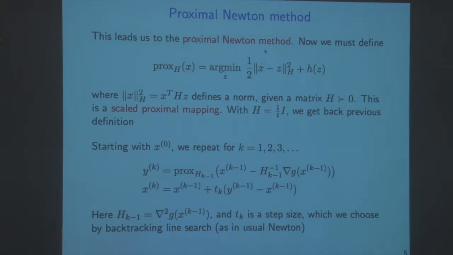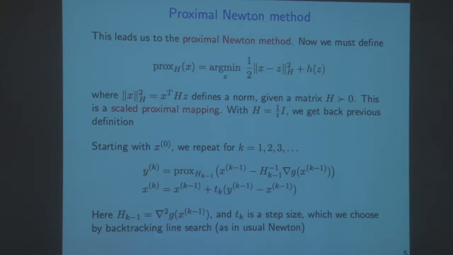So first we're going to define what we call the scaled prox. The scaled prox looks very similar to what we saw before, except I put an H norm here instead of the 2 norm. And this H norm we're just going to define as, if you ask for the squared H norm of a point x, it's x transpose Hx. So when H is the identity, this is just the L2 norm.